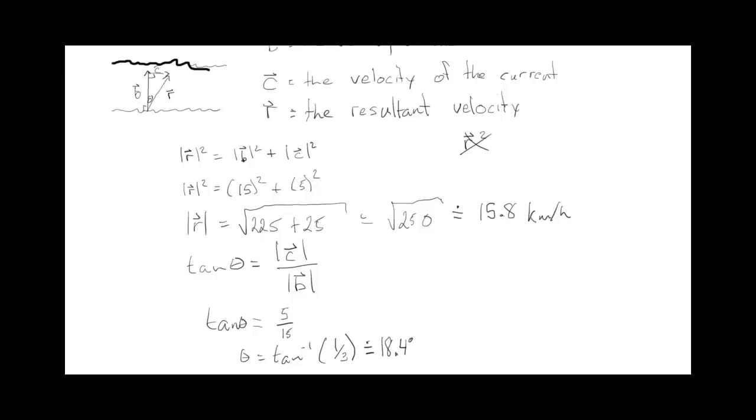That doesn't really give me the direction, right? I can't say the direction is 18.4 degrees. You've got to have some type of reference here. And now I want to caution you here. The biggest mistake I see when students do this question is they'll say, okay, well, that's 18.4 degrees east of north.